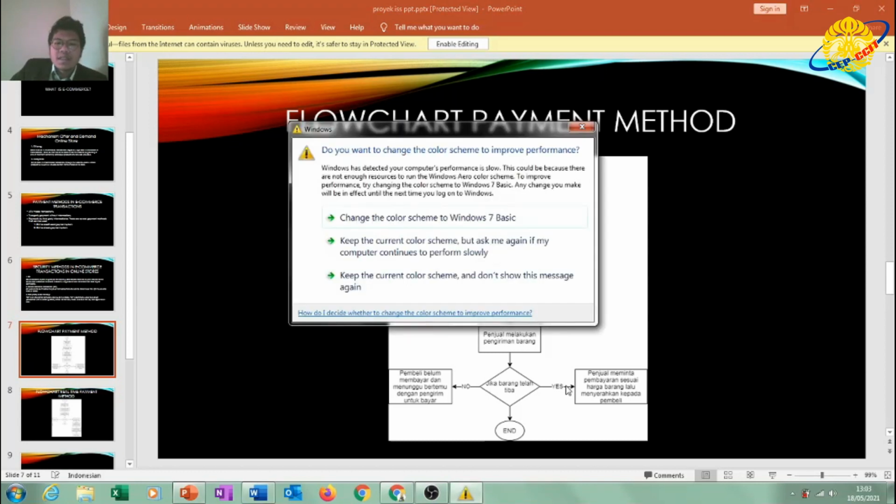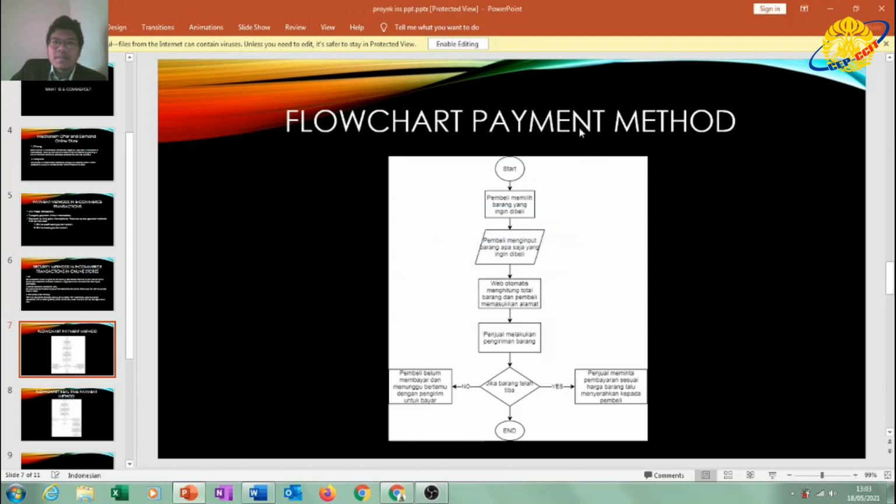So basically this is not very effective, because sometimes there is a buyer who doesn't want to pay. But even if the buyer doesn't want to pay, the owner of the online store has the data of the buyer.